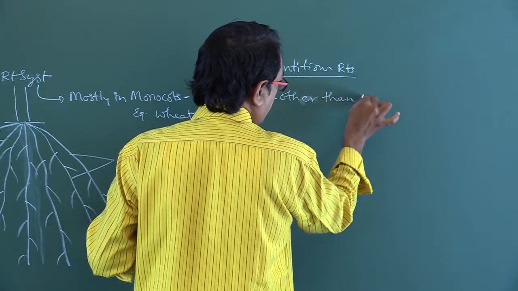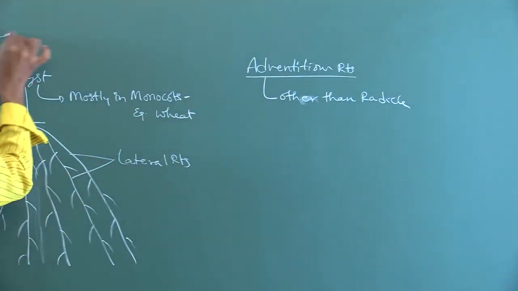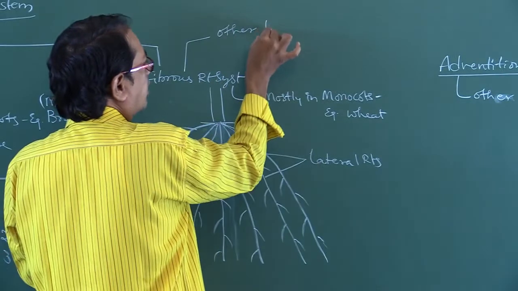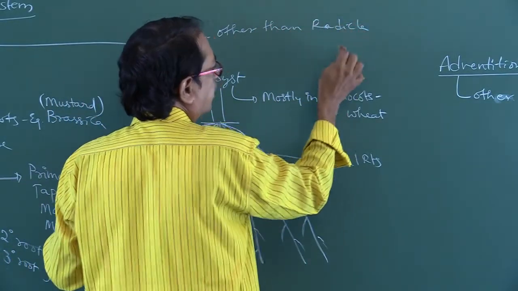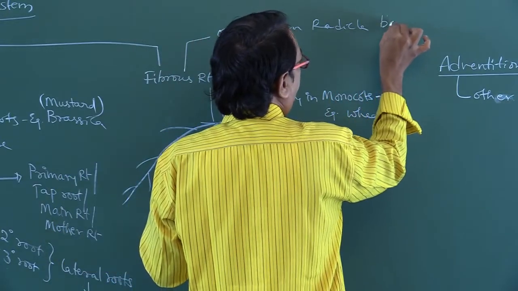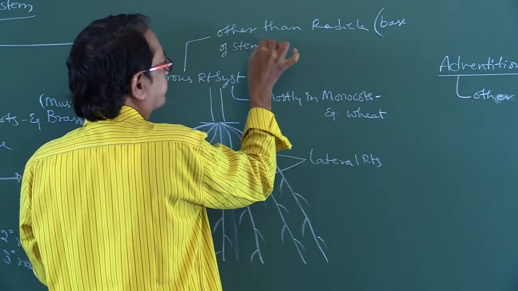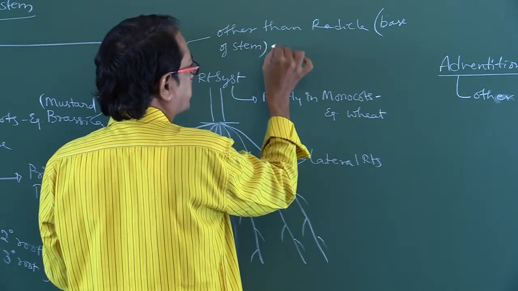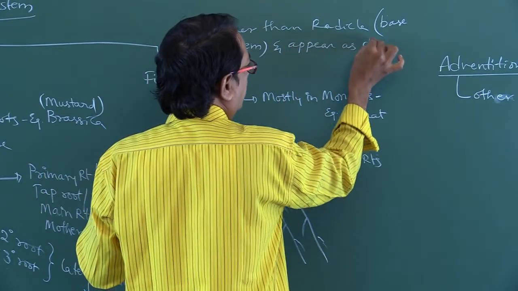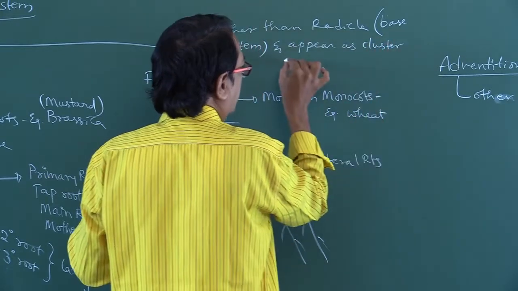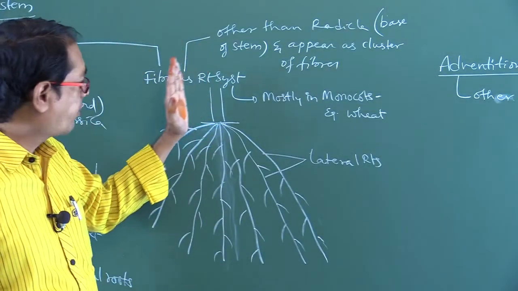Fibrous root system develops from other than the radicle, from the base of the stem, and appears as fibers, so it is called the fibrous root system.